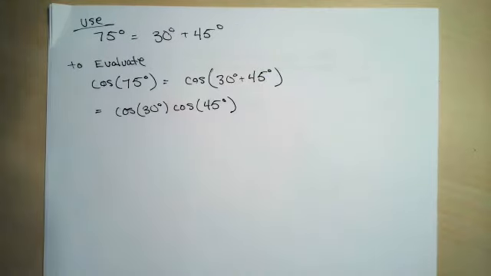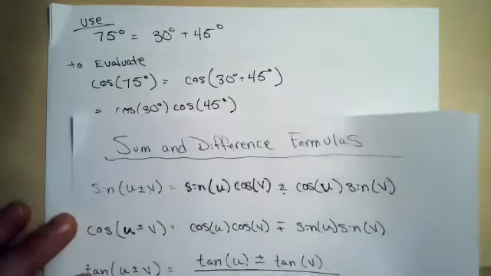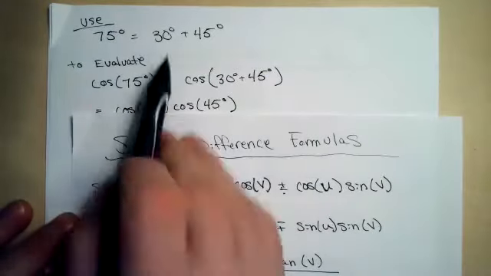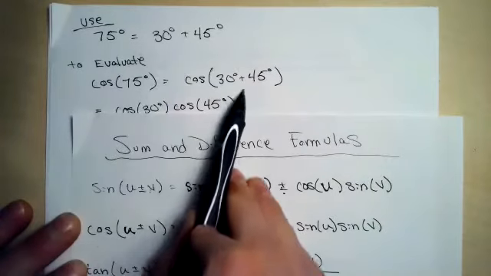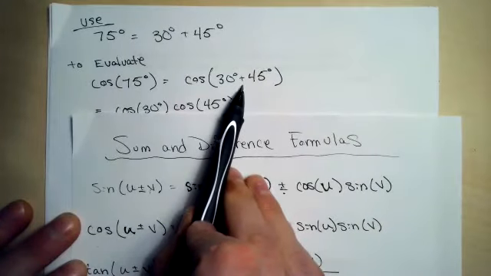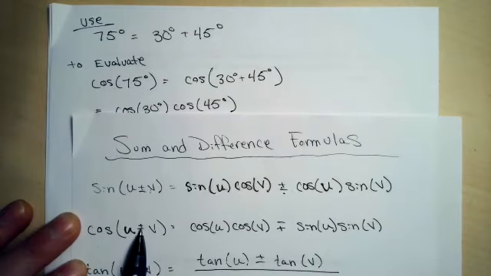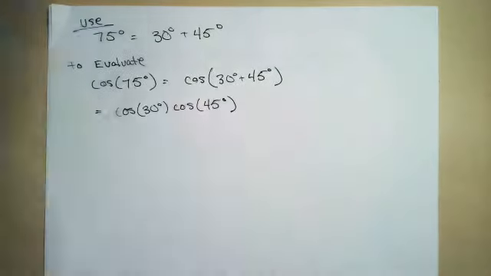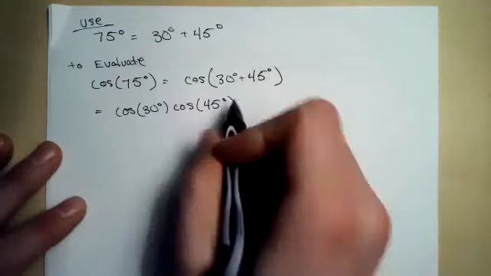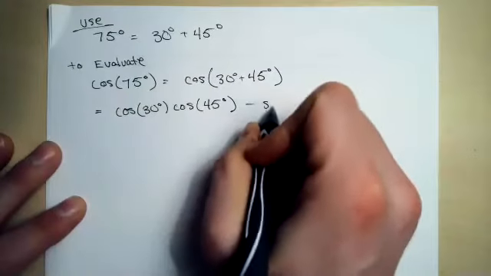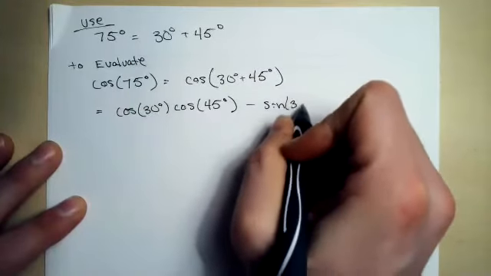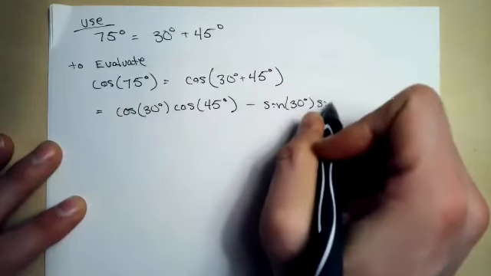And then careful: for the cosine formula, remember, we have a plus in our angle, so the top symbol here is a minus. So in the cosine formula, the signs switch. So plus there, we'll have a minus sine, so sine 30, sine of 45.